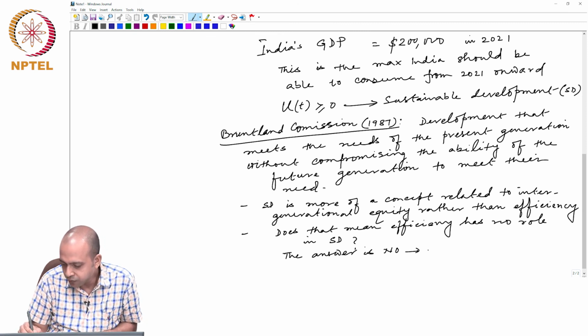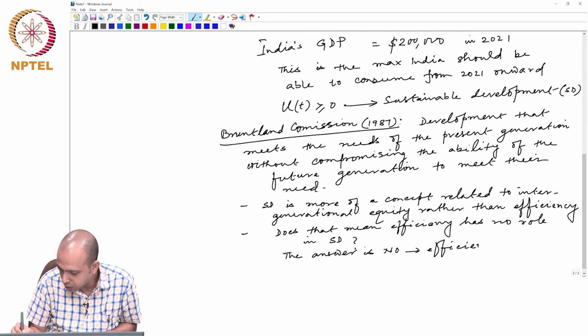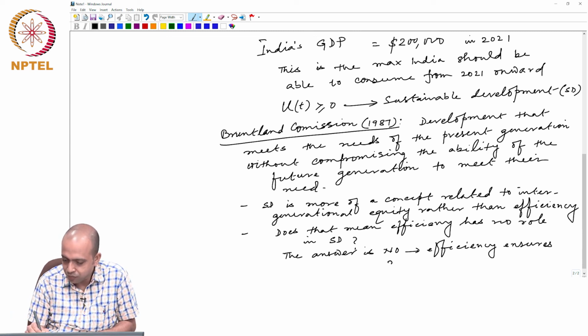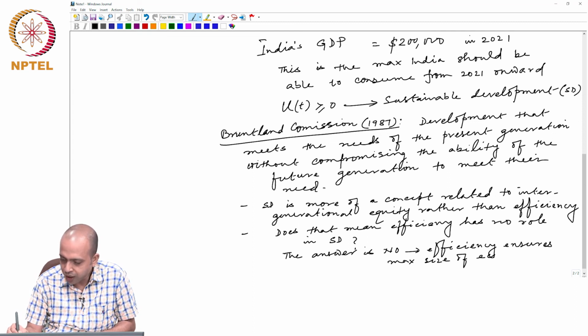because efficient utilization of resources, efficiency, ensures maximum size of the economic pie.